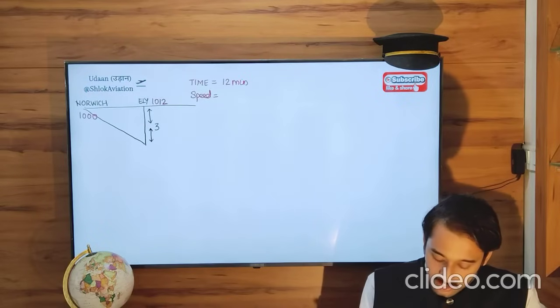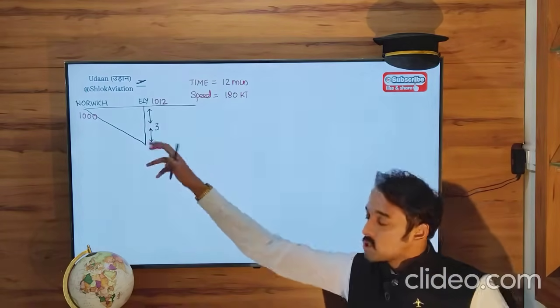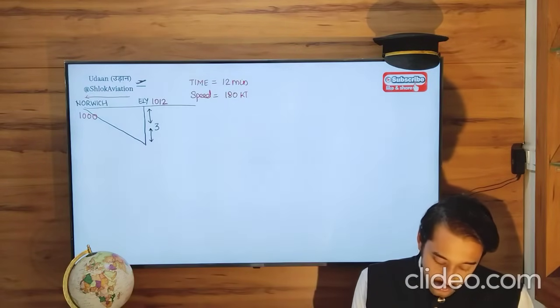Speed is 180 knots. Traveling at a speed of 180 knots for 12 minutes, you will cover a total distance of how much?